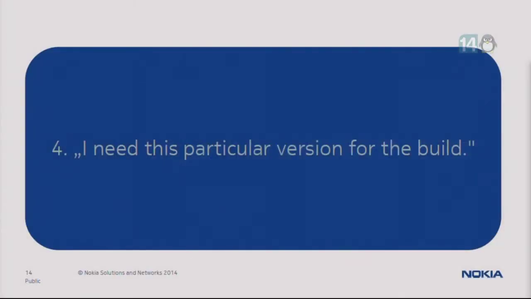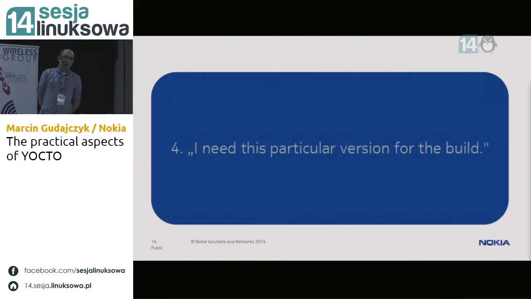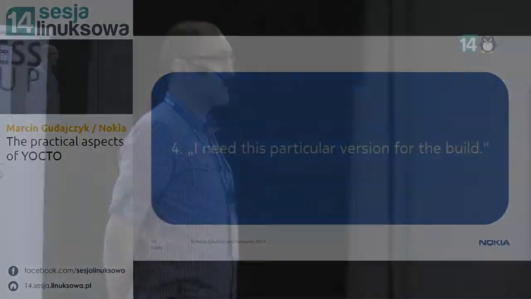And from here, we can get to the final scenario I want to speak about, and this is called, I need this particular version for the build. And this one is directly related to the integration processes.